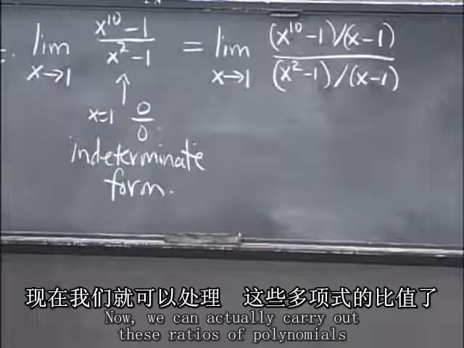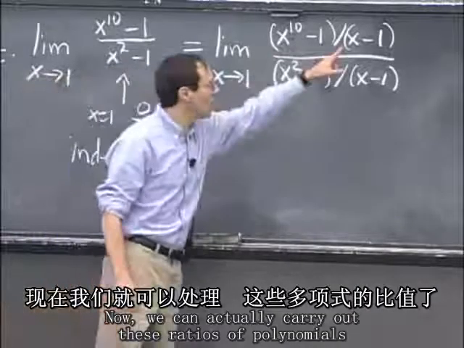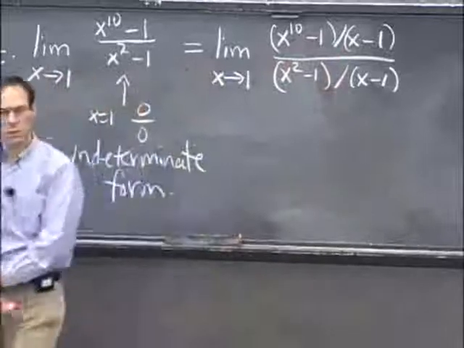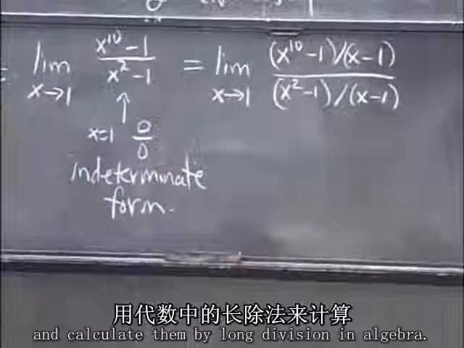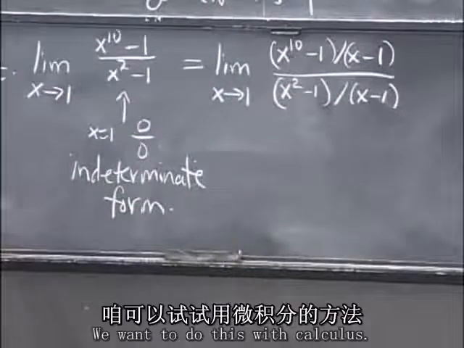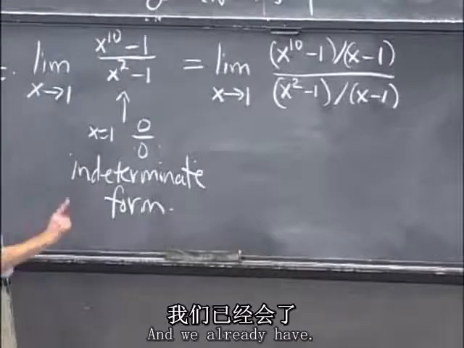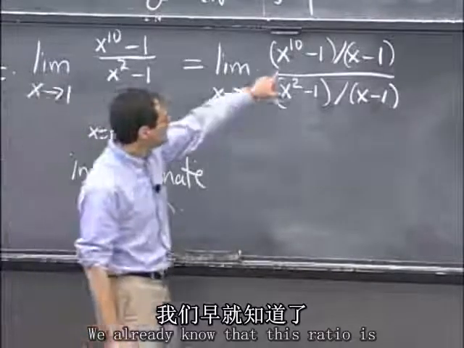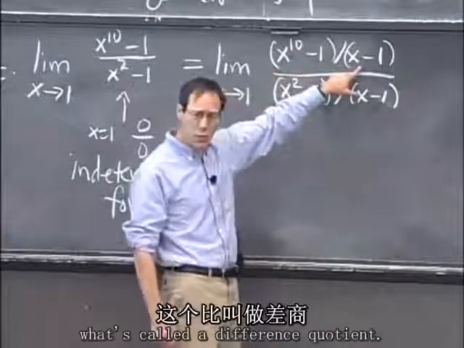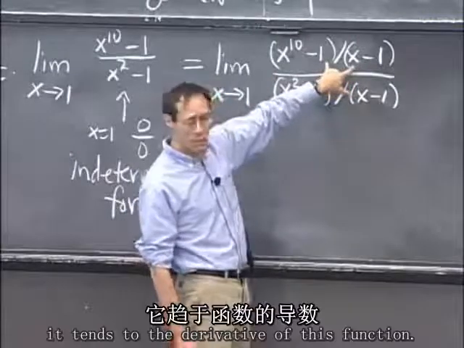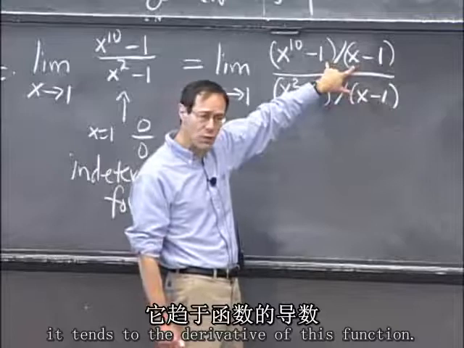Now, we can actually carry out these ratios of polynomials and calculate them by long division in algebra. That's very long. We want to do this with calculus, and we already know that this ratio is what's called a difference quotient. And then in the limit, it tends to the derivative of this function.